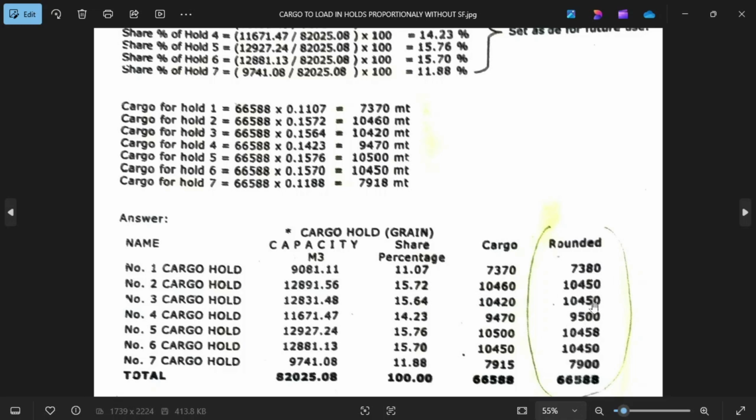If it is a hog condition, you better adjust your cargo. You put more cargo in the middle, and you take out cargo in the forward, put it in the middle to reduce the hog.